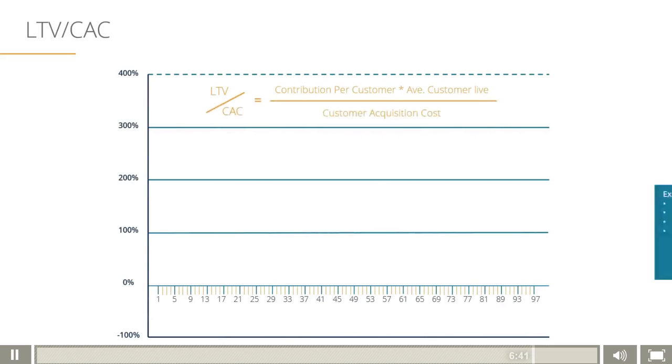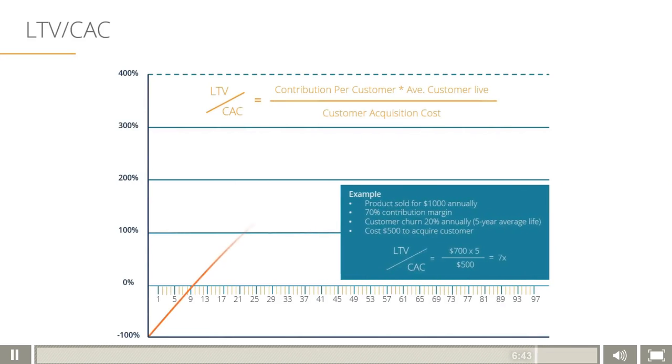Finally, lifetime value divided by customer acquisition cost. As you'll see the line being drawn on this graph, you definitely want this multiple to be more than 1, and ideally, 5+ times is a great number. So just to walk through an example with you, you take the contribution margin per customer and then you multiply that by the average customer life.